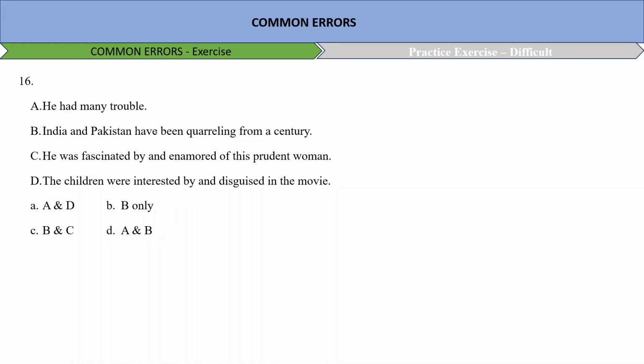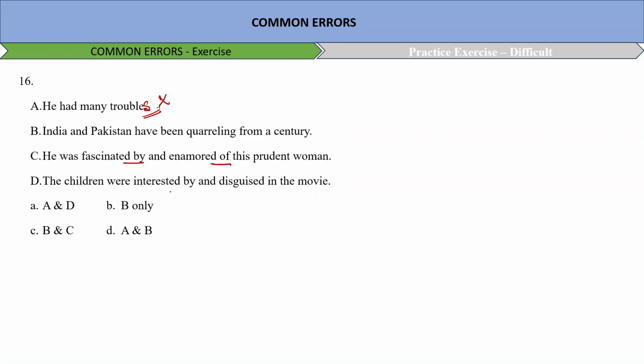He had many trouble. When many comes, it should be troubles and not trouble. This option is ruled out. Next, India and Pakistan have been quarreling from a century. He was fascinated by and enamored of this prudent woman. Fascinated by, enamored of. Okay, quite an appropriate usage.